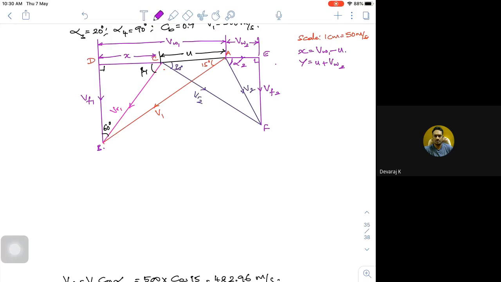Once I find VW2 and VF2, tan alpha 2 is equal to VF2 by VW2, and I can find alpha 2.